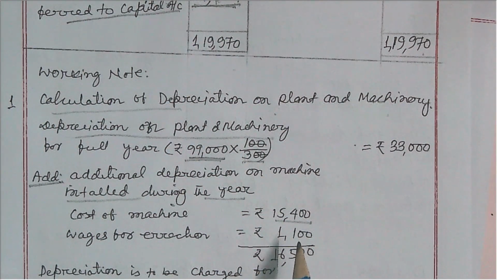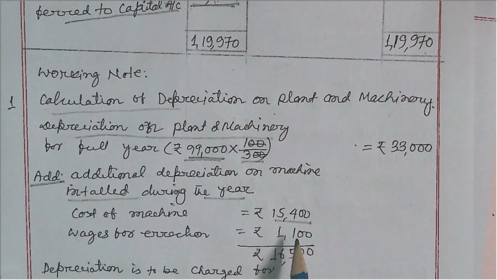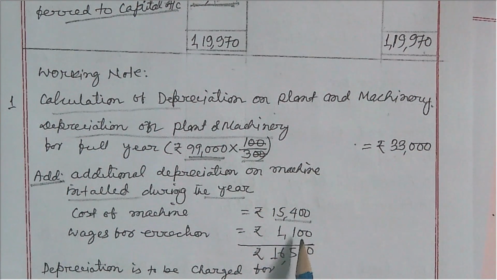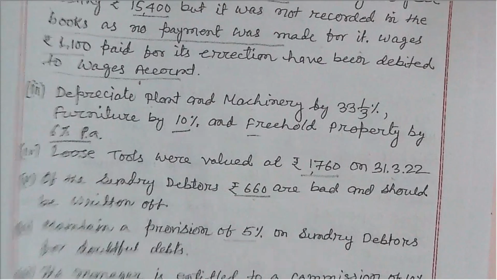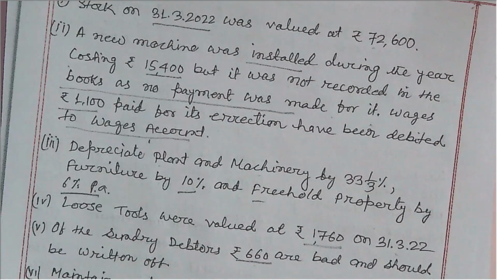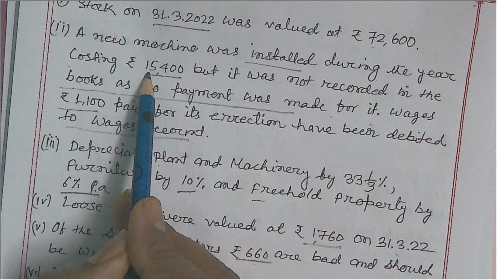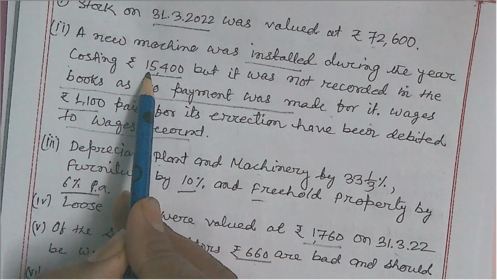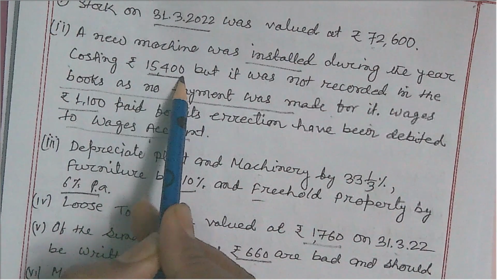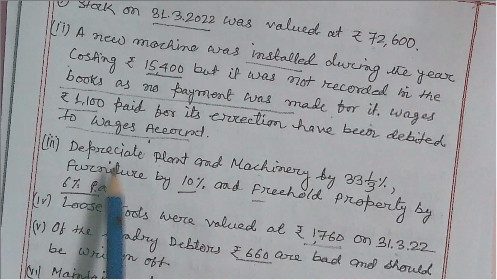Adjustment number 2 says a new machine was installed during the year costing 15,400, and wages of 1,100.